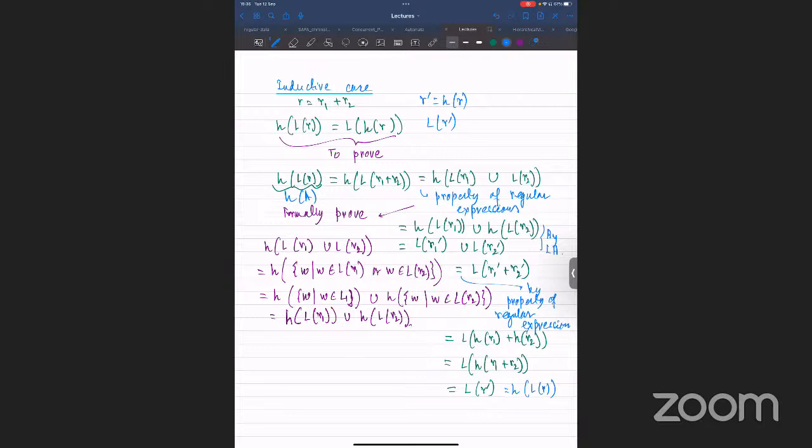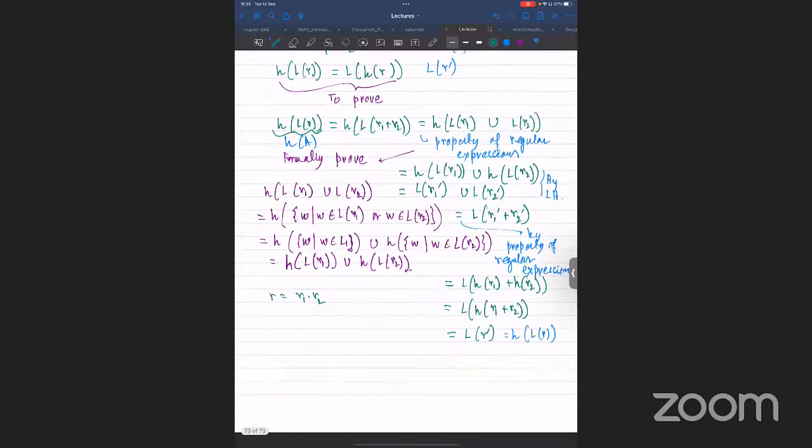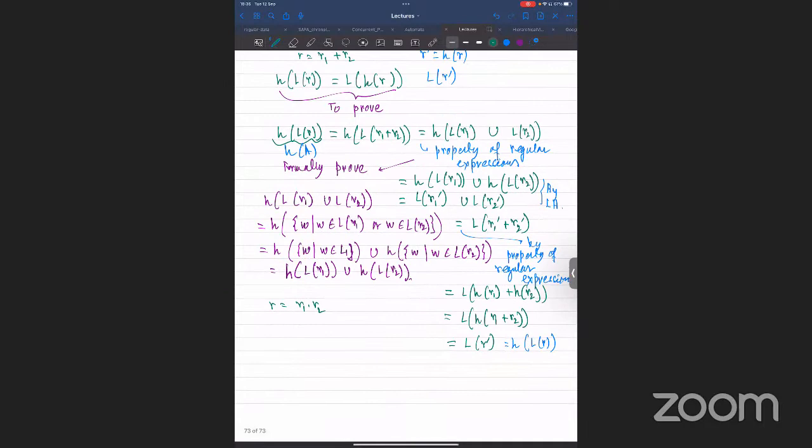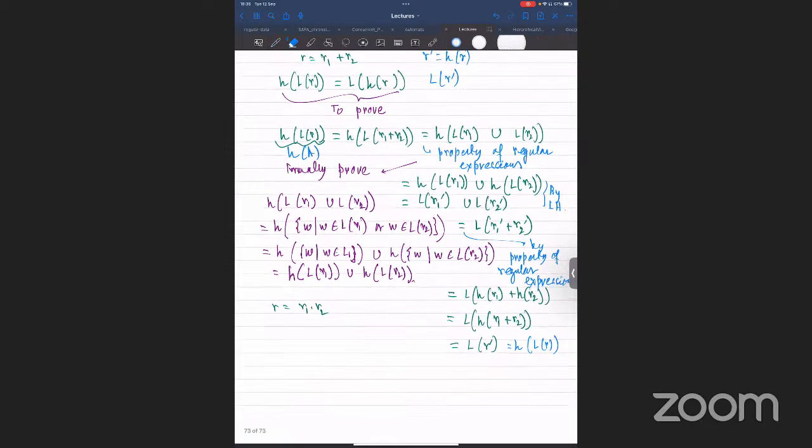Similarly, can you also do it for R equal to R1 dot R2? It will be very similar, exactly the same. So maybe we can try that also. Let's say inductive case. Now you have to tell me the steps. Let's do that.